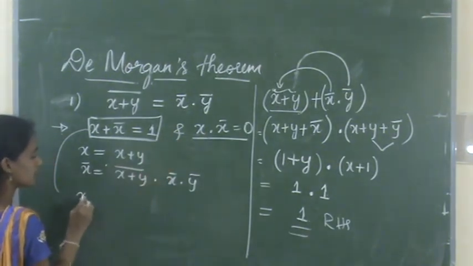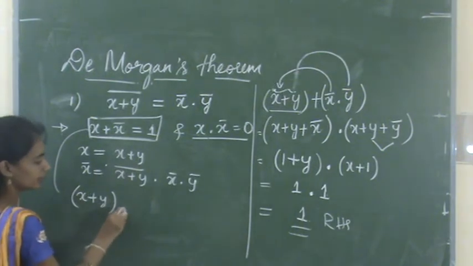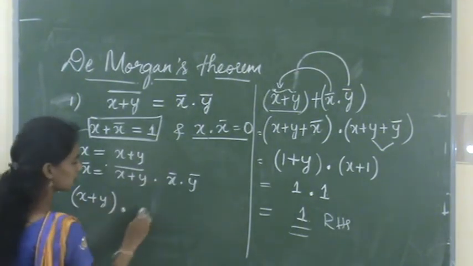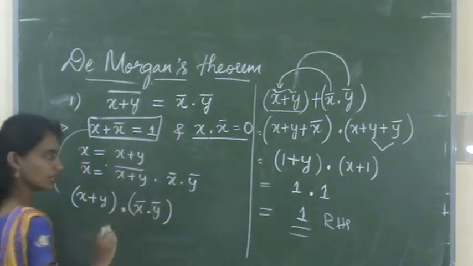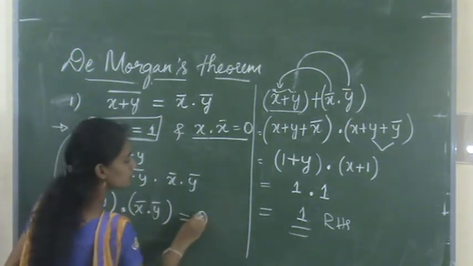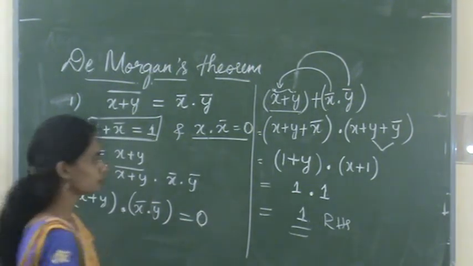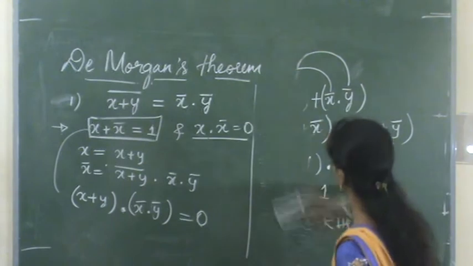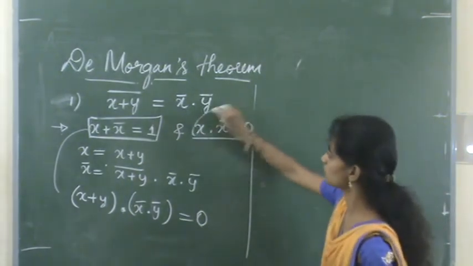Okay, so x, what is x? x plus y into x bar, means x bar into y bar. Okay, so it is equal to 0. So we need to prove this equation is equal to 0. So now take this expression.